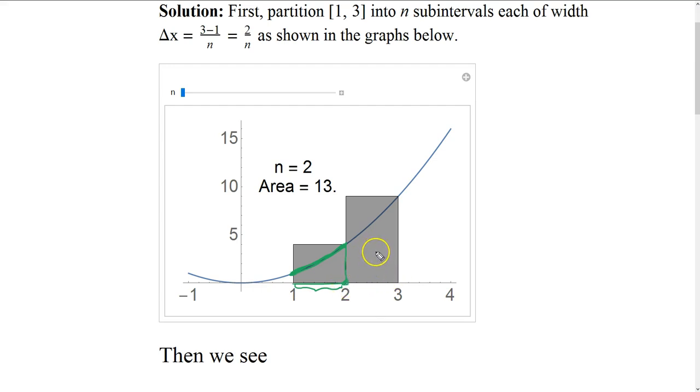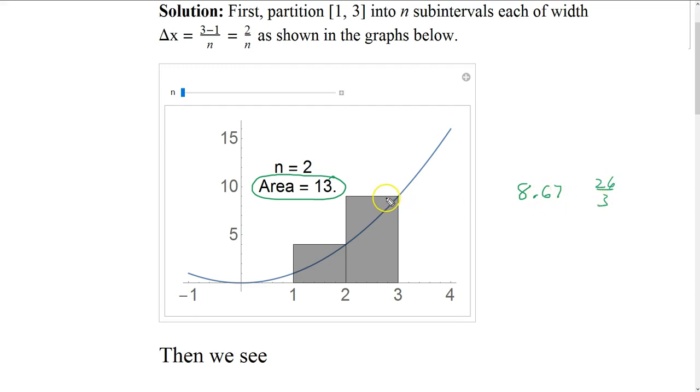And the same thing for the second rectangle here. We evaluate the height of this rectangle at the right-hand endpoint, and that's where our function has a maximum. And before we leave this graphic that we have here, just notice how the areas, this number right here, that 13, represents the area of the rectangles. Notice how this number approaches the true area, 8.67, or 26/3.